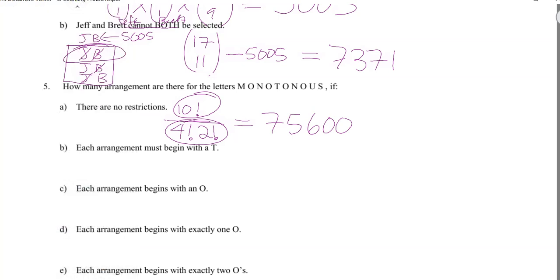Each arrangement must begin with a T. So there's only one T. Let's take the T out. And then I have 1, 2, 3, 4, 5, 6, 7, 8, 9 letters, but 4 of them are O's, 2 of them are N's.